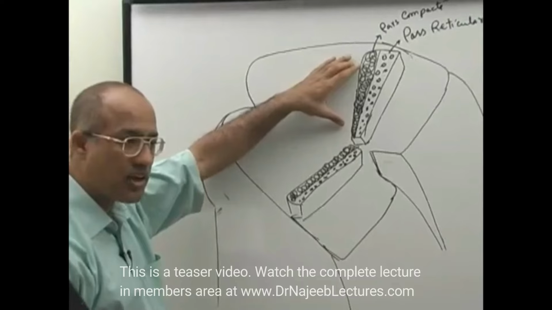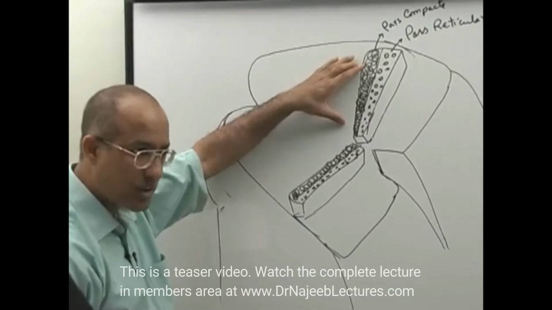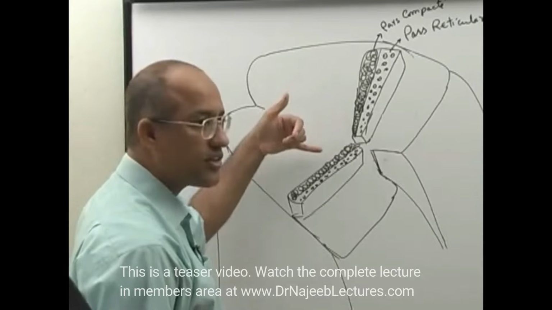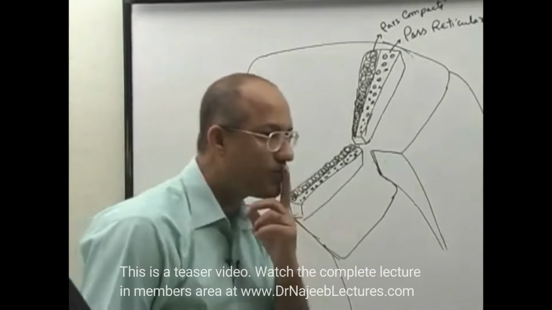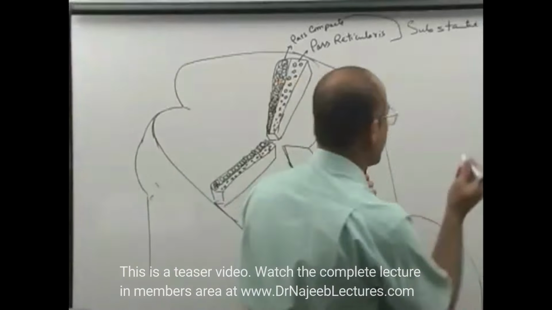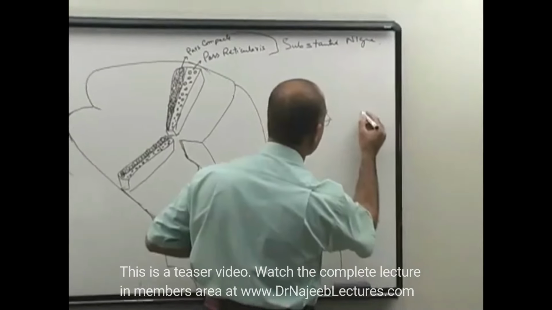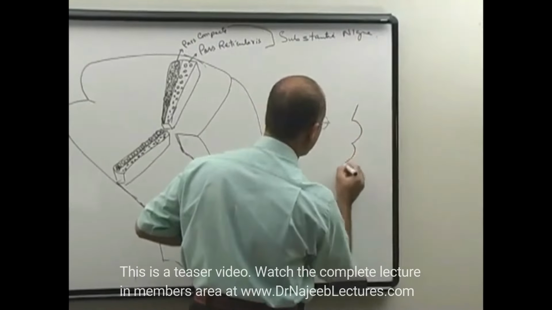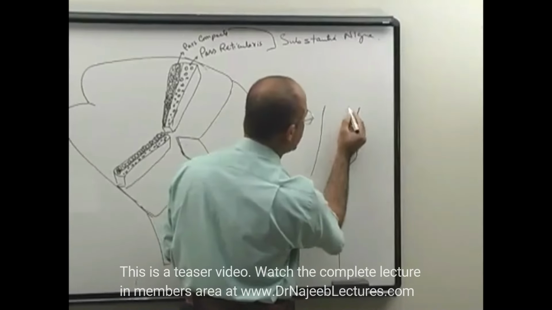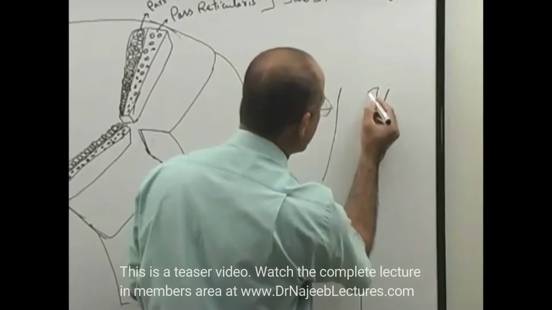Now, substantia nigra is a very important structure concerned with the motor system. Is that right? And if this is damaged, a disease results which is called Parkinson's disease, right? Let me make a diagram here. This is midbrain, pons, medulla. Now in the midbrain, if we are seeing from the side, substantia nigra is like this.